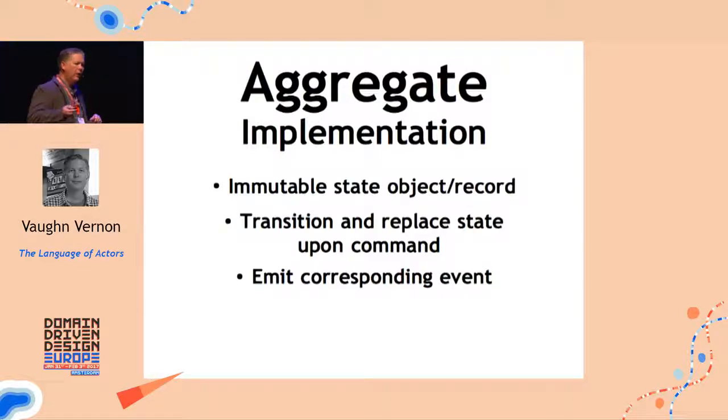And if you're going to attend my 2-hour workshop tomorrow, you'll see how that can actually be accomplished. How do you transition and replace the state of a command? That will also be explained. And then how do we emit corresponding factual events of what happened, and how are they persisted?